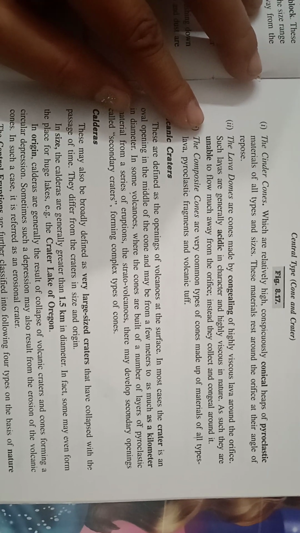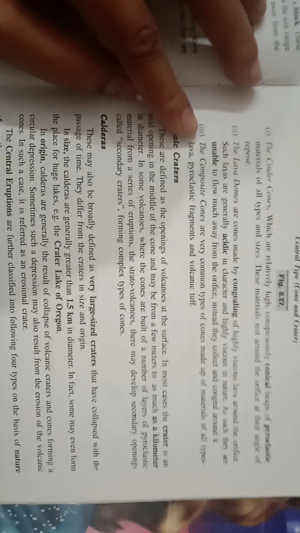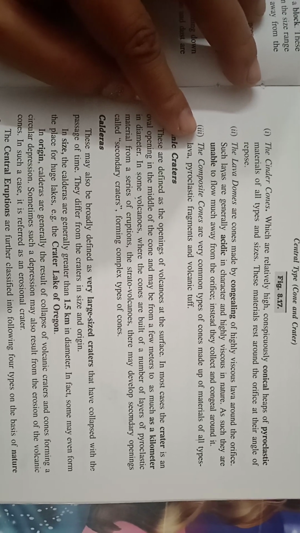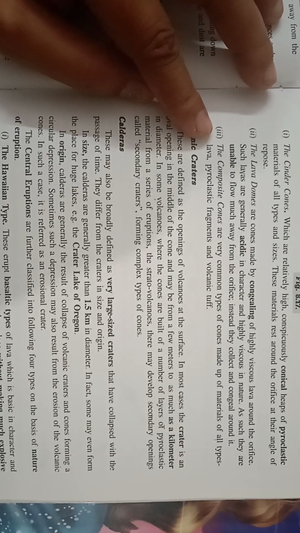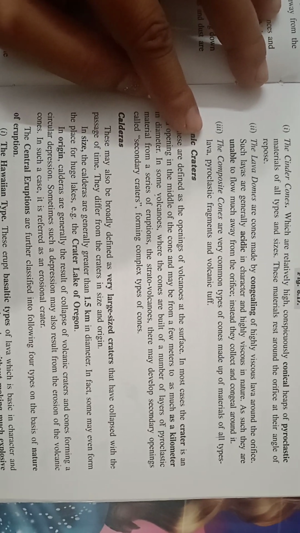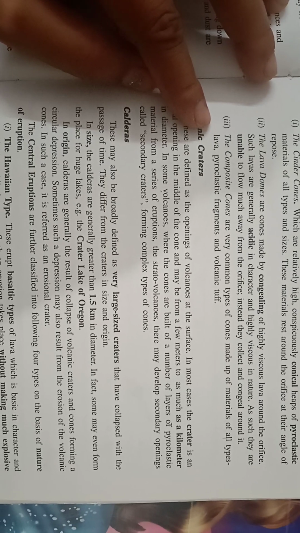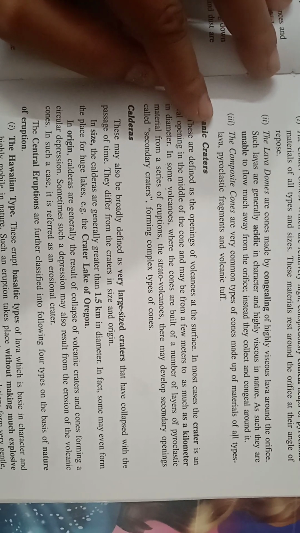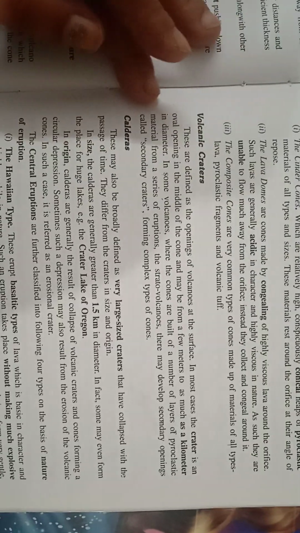Such lavas are generally acidic in character and highly viscous in nature. As such, they are unable to flow far from the orifice. Instead, they collect and congeal around it.